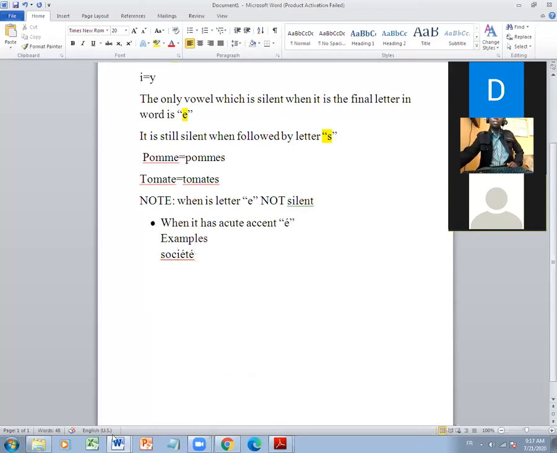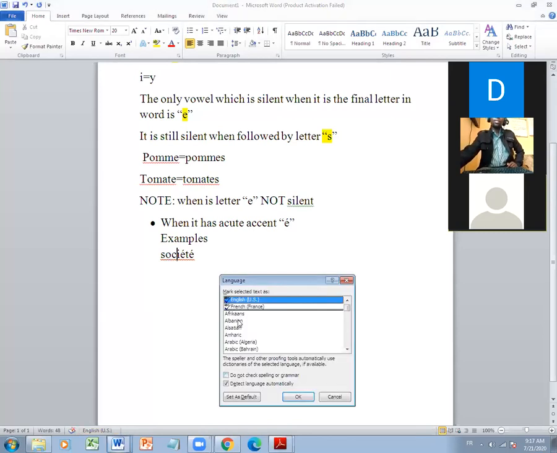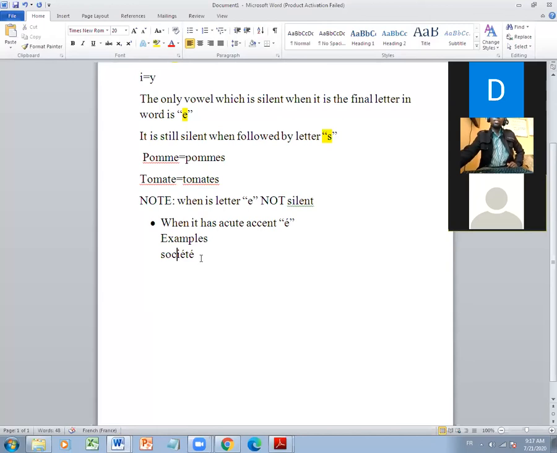Okay, so let me try. Société. You see, this is not silent now, because it has the acute accent. So it is O, E, A, A. So we say so-cie-té. You get me?